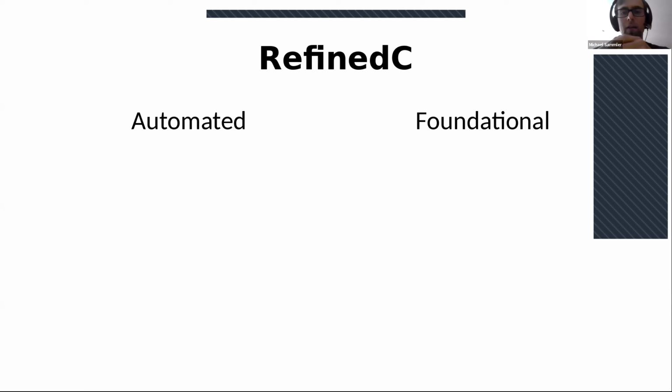On the one hand, as we've seen before, one wants foundational proofs for C code, something in a proof assistant, which a proof assistant can check, and where you have some mechanized semantics of C, but also to combine that with a high degree of automation.